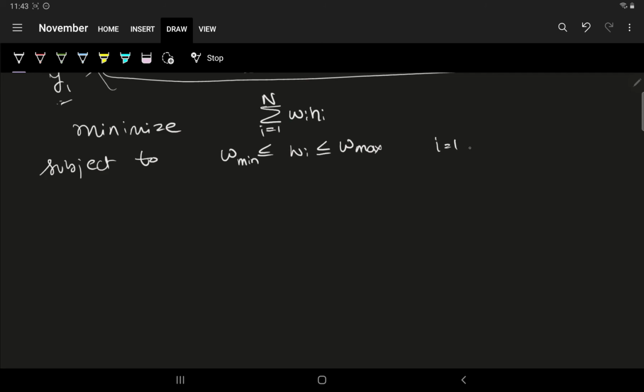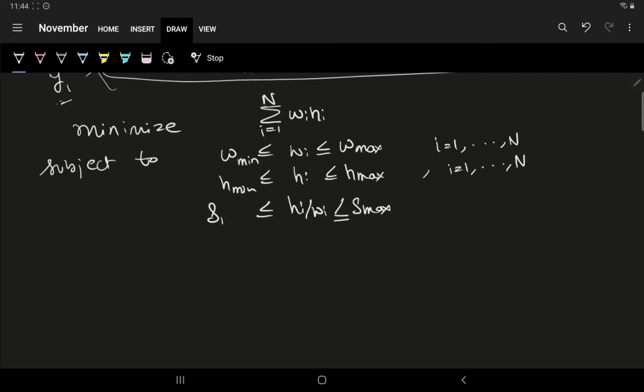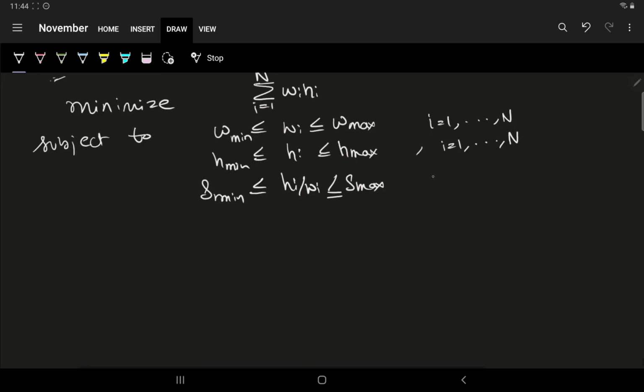The bounds on the Hi's, the aspect ratios, and the maximum stress.